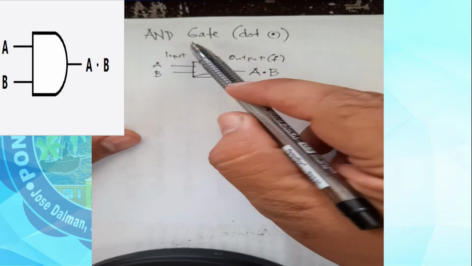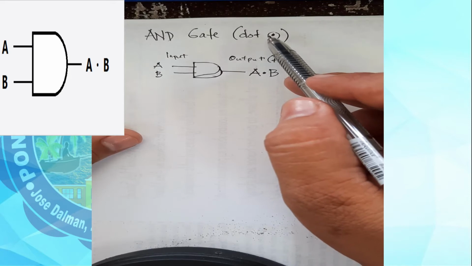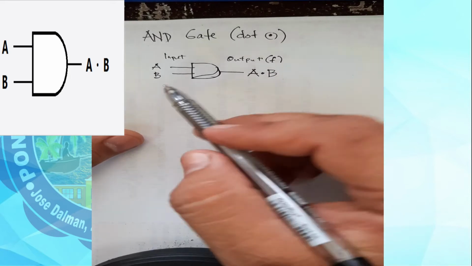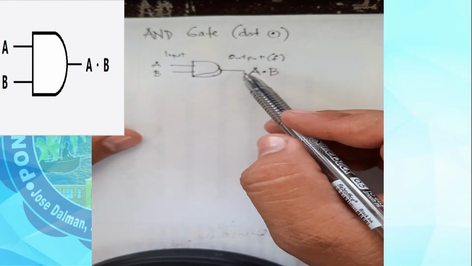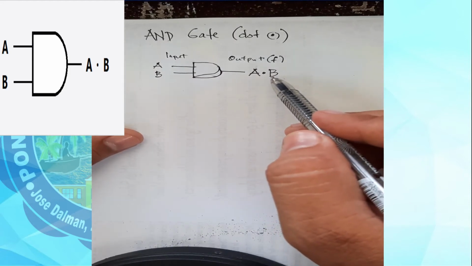Again, remember the AND gate uses a dot symbol. If you have inputs A and B, the output is A dot B.